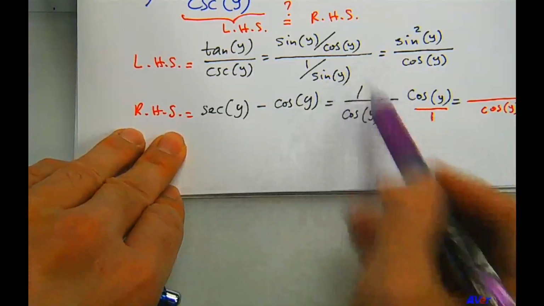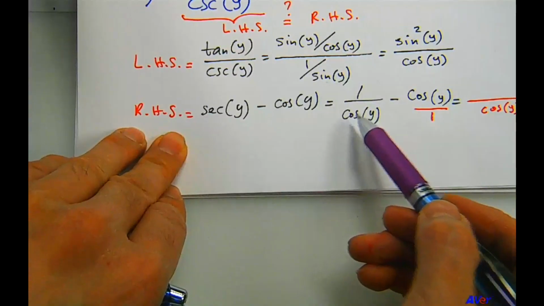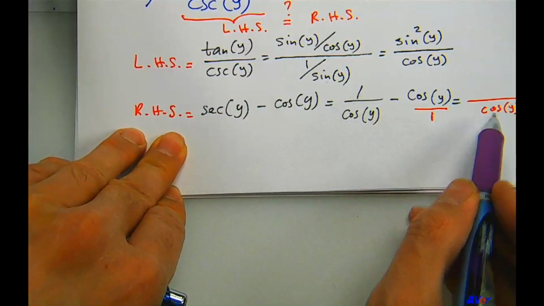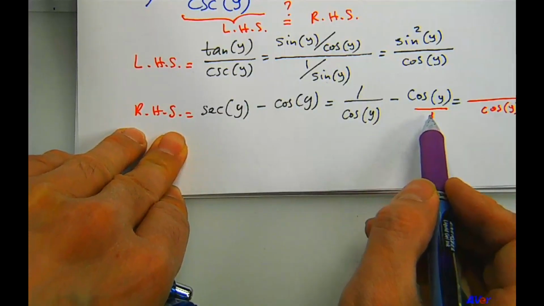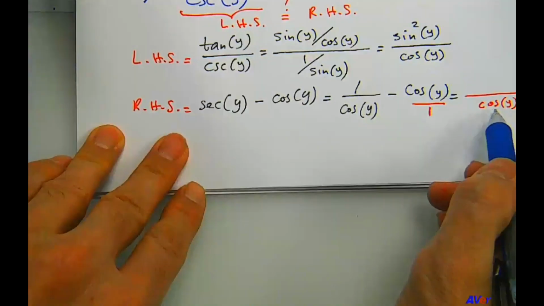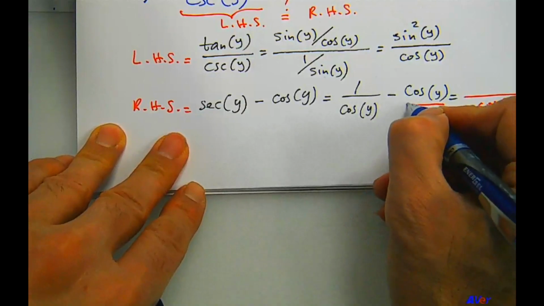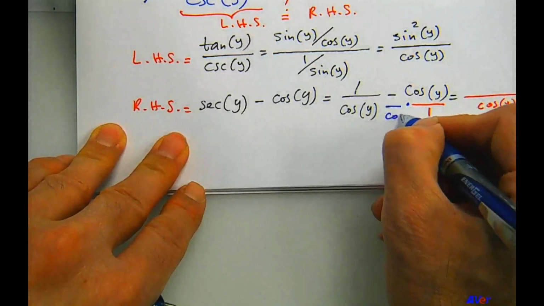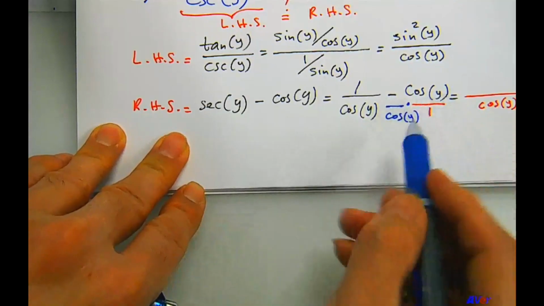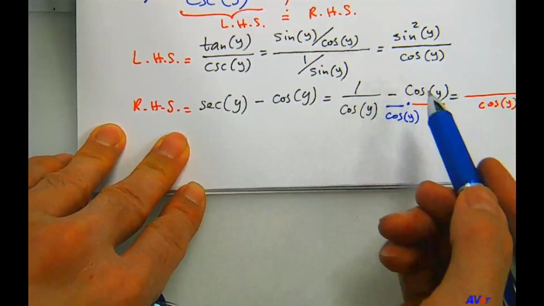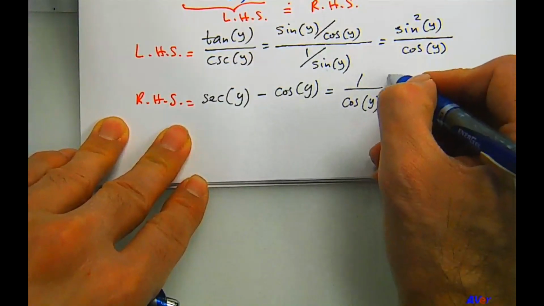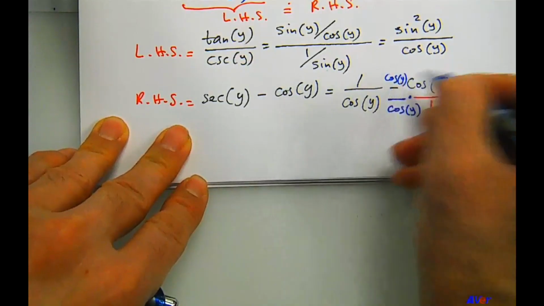So do we have to multiply this fraction by anything? No, because the denominator of this fraction is already there. But do we have to do anything here? Yes. The denominator here is 1. We want it to be equal to the common denominator. So we're going to have to multiply this denominator by cosine of y. But we can't just multiply the denominator and not do the same thing to the numerator. So we're going to have to multiply the numerator by cosine of y as well.